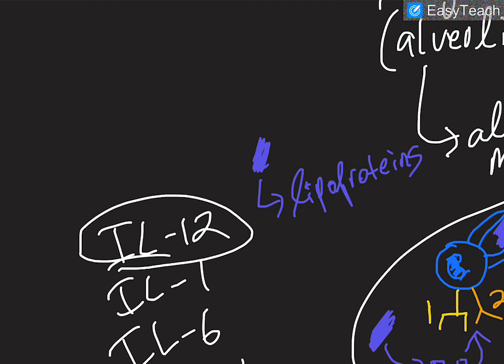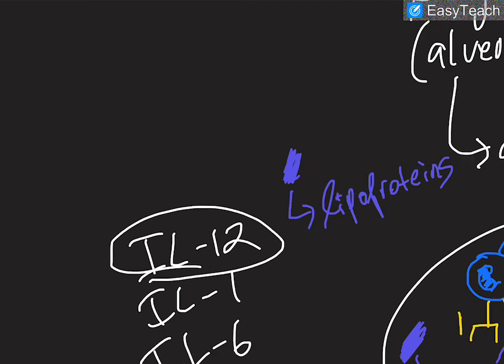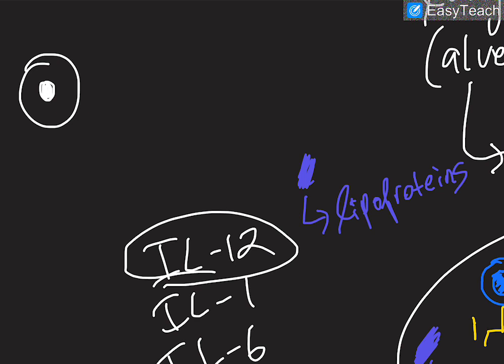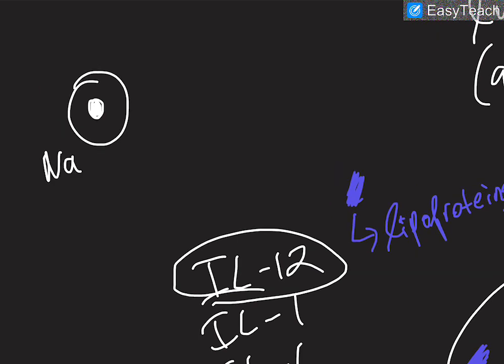Remember that once you have a naive CD4 cell, a CD4 positive T cell, it can turn into a Th1 subtype, a Th2 subtype, or a Th17 subtype. There are many subtypes, but certain cytokines promote those different subtypes.